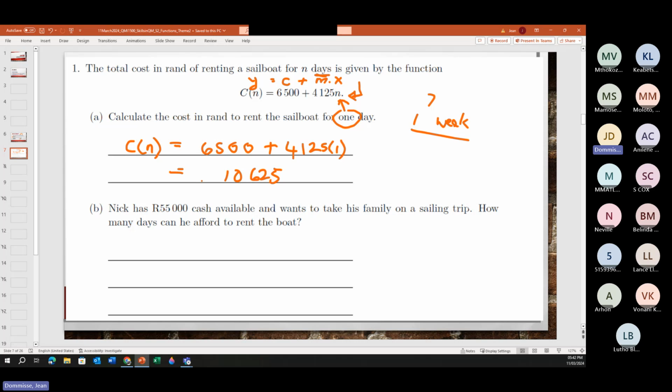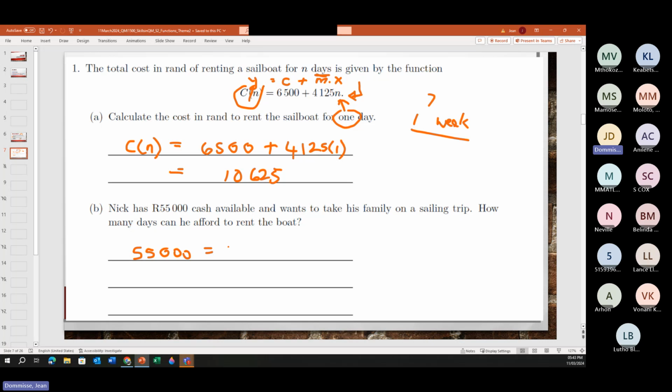Nick has 50,000 rand cash available, and he wants to take his family on a sailing trip. How many days can he afford to rent the boat? So now we know what the cost is of renting the sailboat. The cost is the 55,000, and there is the fixed cost of 6,500.